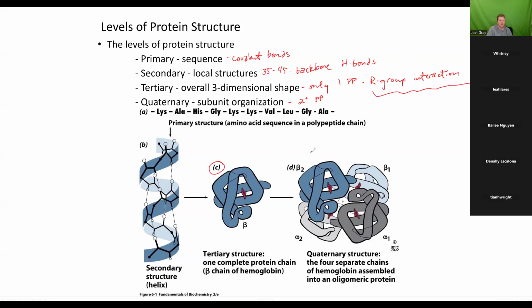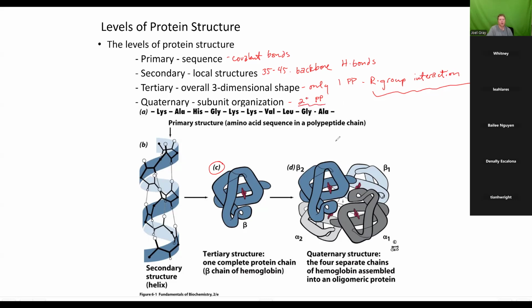With all that said, these R group interactions, your covalent and non-covalent interactions, are going to stabilize the tertiary structure. Your quaternary structure is effectively the same thing, but it's where you have multiple polypeptides interacting.